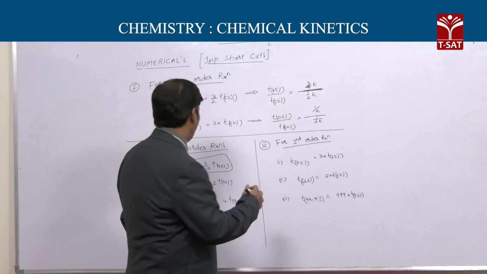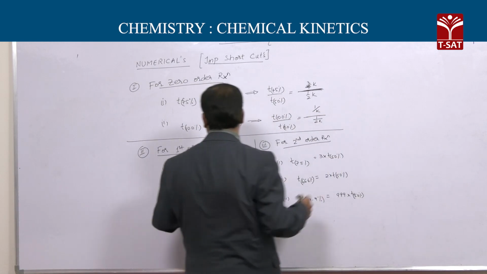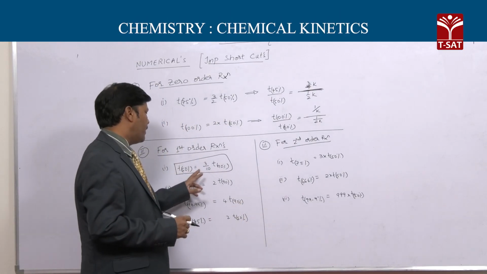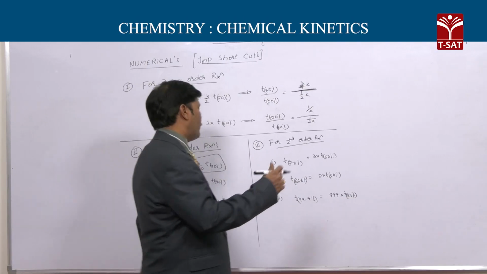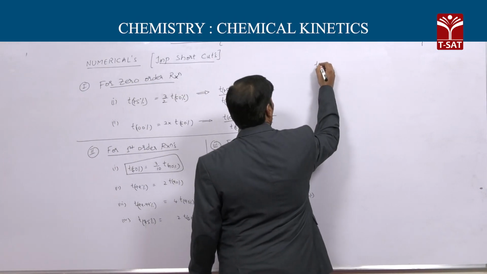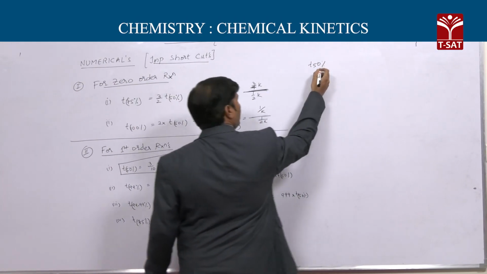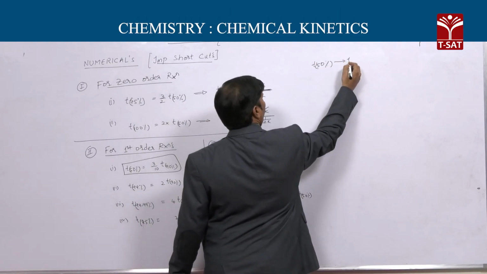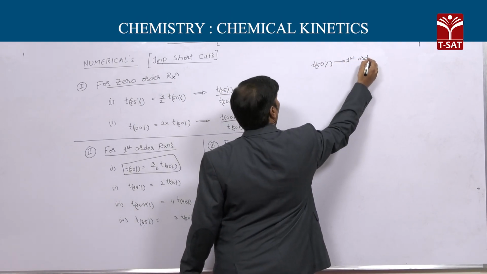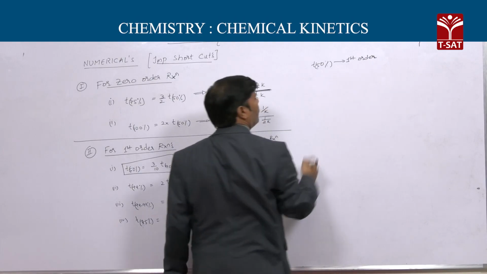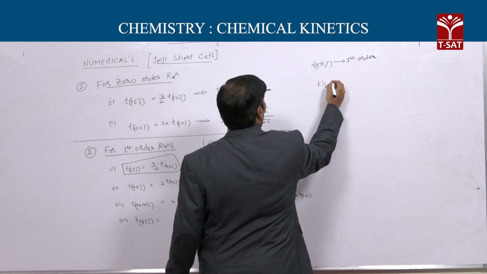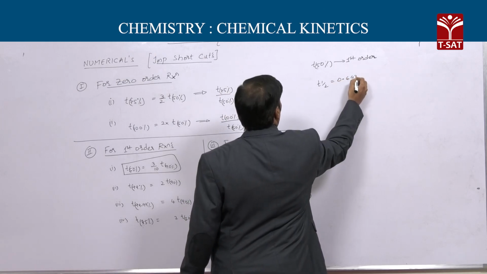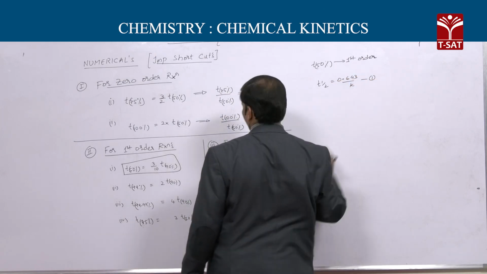So now, in the first order, if you want to prove that T50% is equal to 3 by 10 times the T90%, then the half-life of the first order is given by the equation T half is equal to 0.693 by K. Keep this as the first equation.